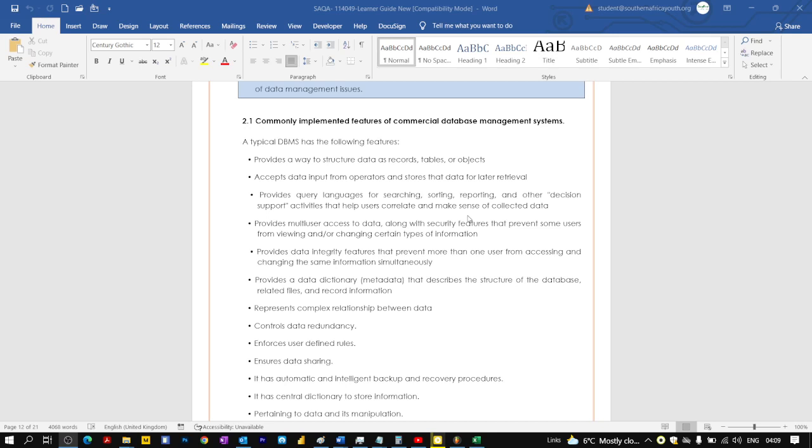It provides query languages for searching, sorting, reporting, decision support, and so forth. I already described a lot about searching, and sorting could be another thing. If we go back to our example of Facebook, it sorts the people on Facebook as your friends, people you share in common, your likes, your follows, people who follow you.